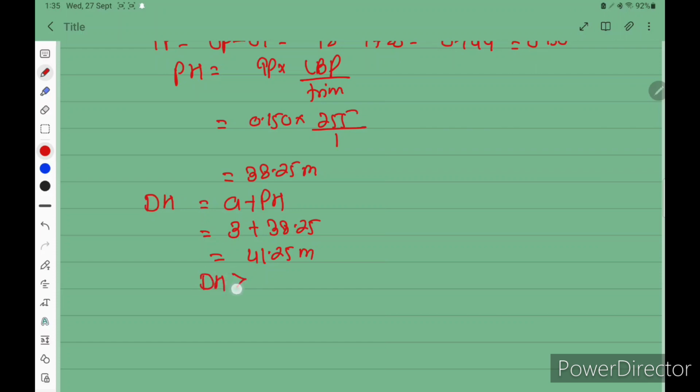DH is more than CD. The DH is 41.25 and the breadth of the tank is 22, so it is more than that, so wedge is not formed. That means we are going to use the normal method.